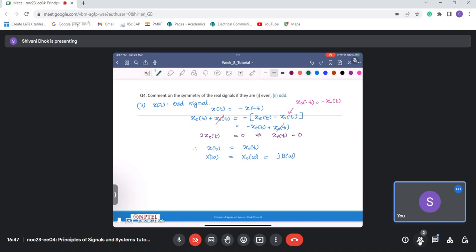Okay. So again, this means that if my signal is odd, so for a real and odd signal, the Fourier transform is an odd function of omega and is imaginary.